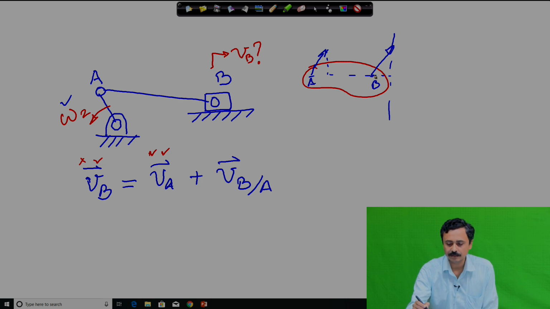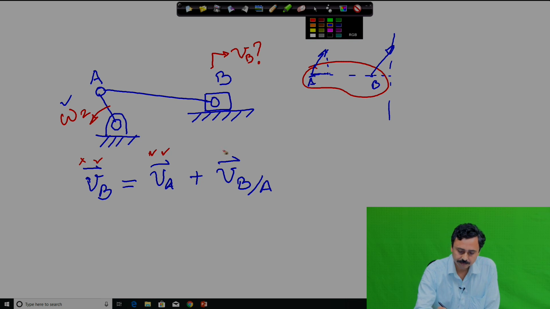So, V b can be like this. So, the relative velocity must be perpendicular to A b. It cannot have any relative velocity along A b, because this is a rigid body. So, I know the direction of V a b, but I do not know the magnitude.